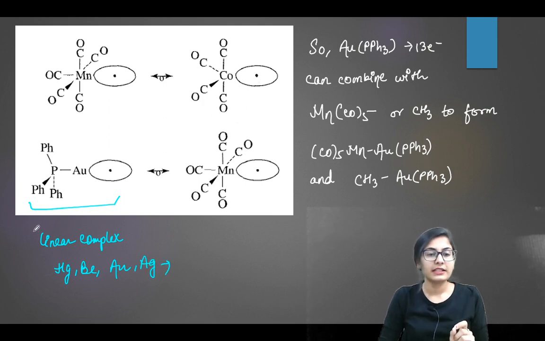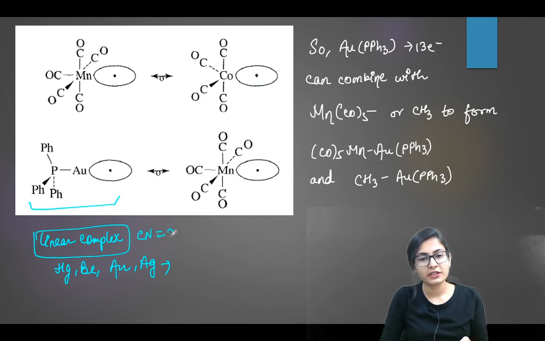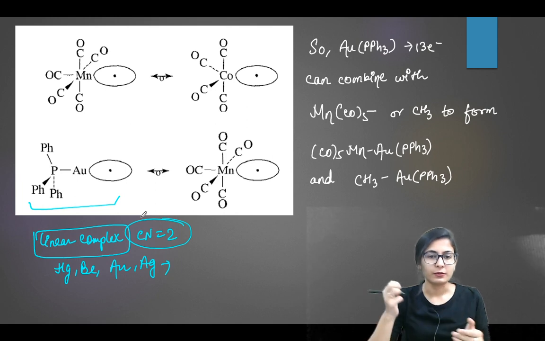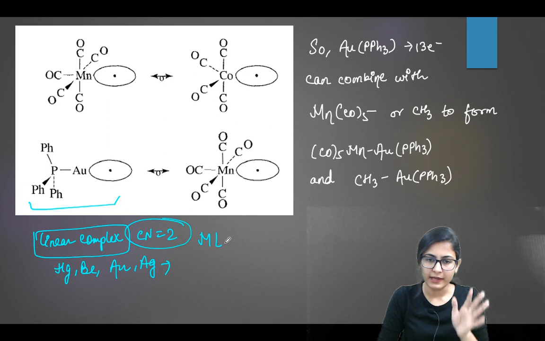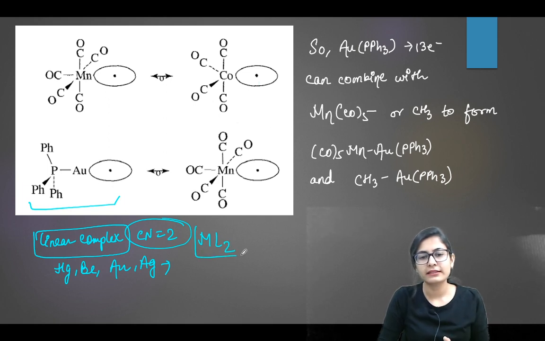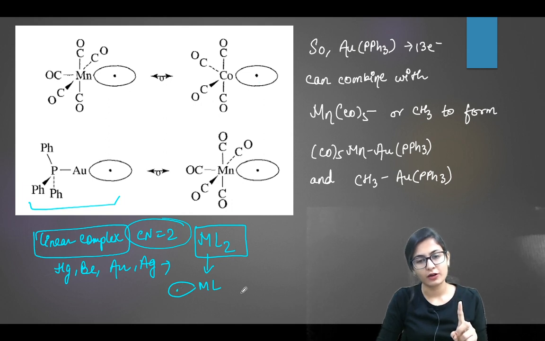So all of these have a tendency to form linear complexes where the coordination number is 2, isn't it? Now if the coordination number is 2, it can only form a maximum of ML2 complex, isn't it? Yes. So if now we are losing one ligand from here and we form an ML complex, it is only left with one frontier molecular orbital.